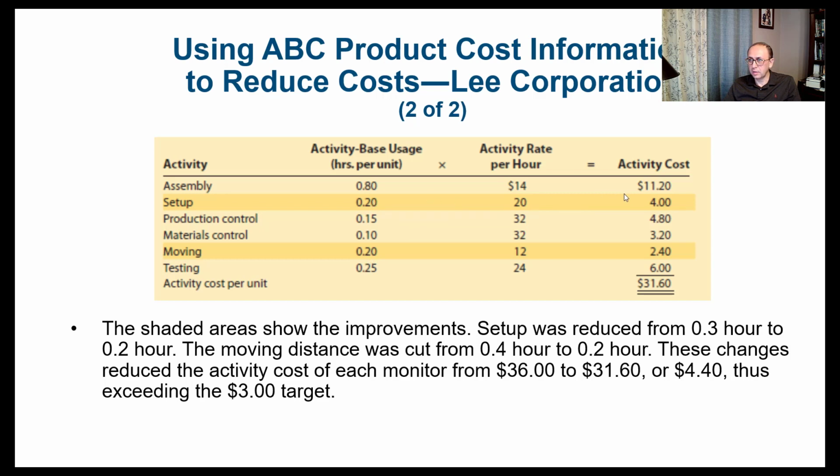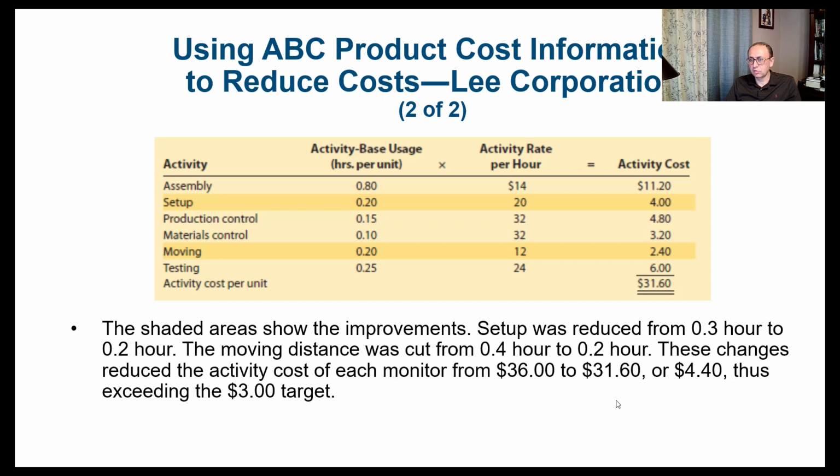Now if we multiply the numbers, we can see a reduction that took the $36 down to $31.60, which is more than the $3 that they wanted. The shaded areas show the improvements. Setup was reduced from 0.3 hour to 0.2 hour. The moving distance was cut from 0.4 to 0.2 hour.